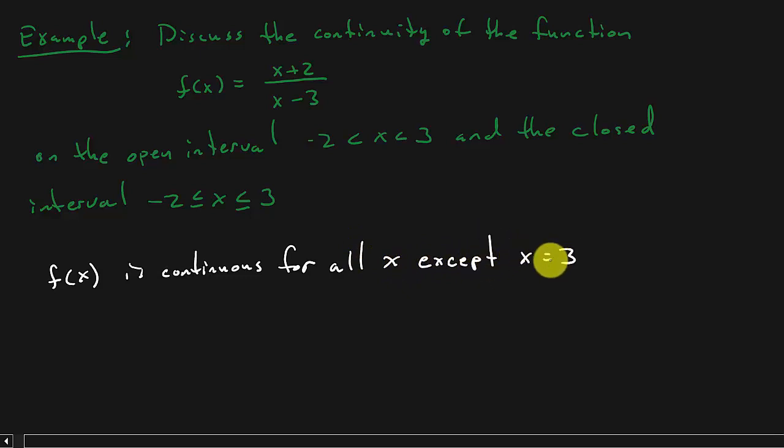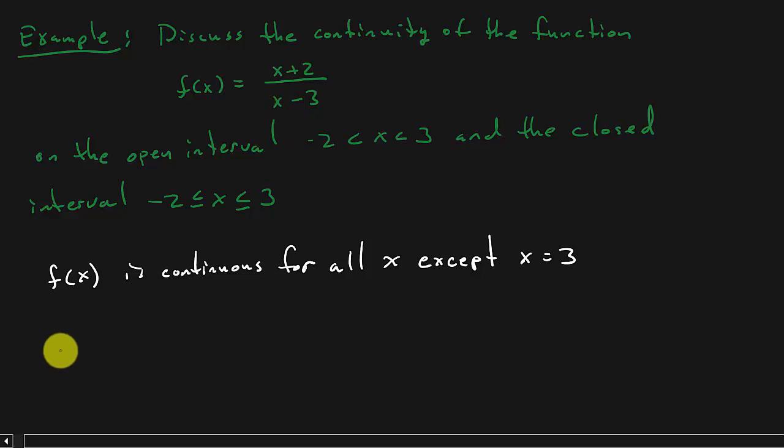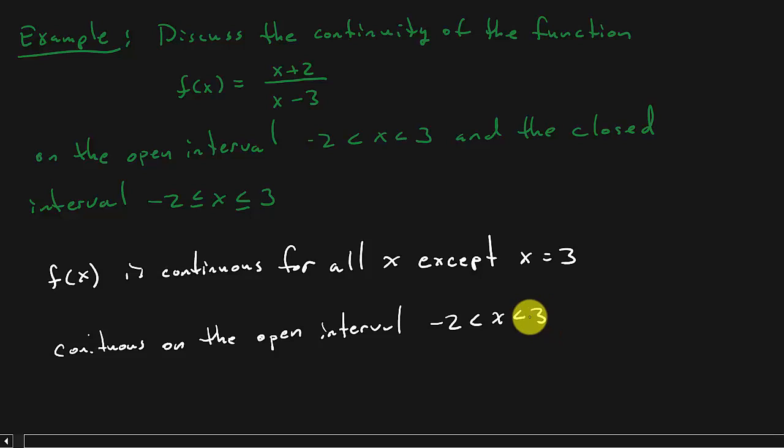Except at x equal 3, because that would give you a 0 in the denominator. But everywhere else is continuous. So that would mean it's continuous on the open interval. It's continuous on the open interval because the 3 is not included.